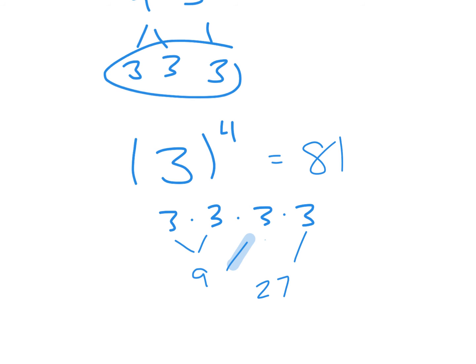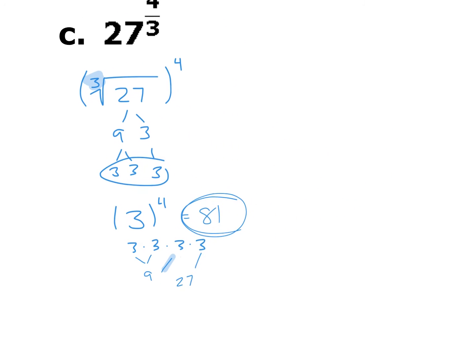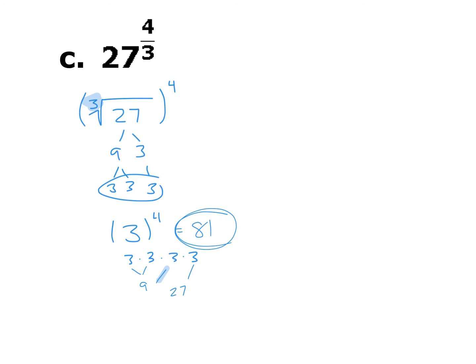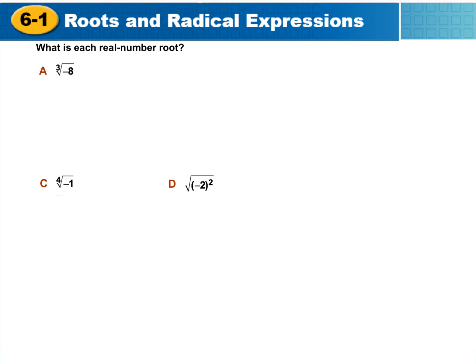But then when you get to 27 times 3, it gets a little bit more tricky. It's easier because you guys know what 9 times 9 is. You may not know what 27 times 3 is. So our answer here is 81. Any questions on this page? All right, next one.